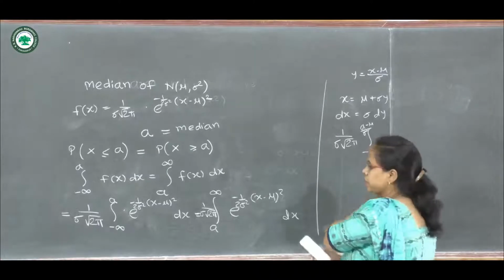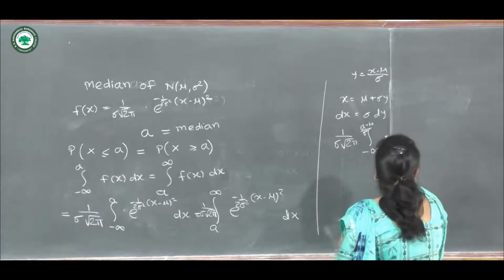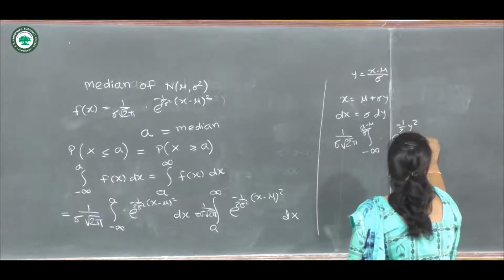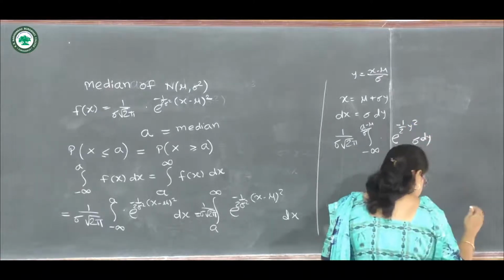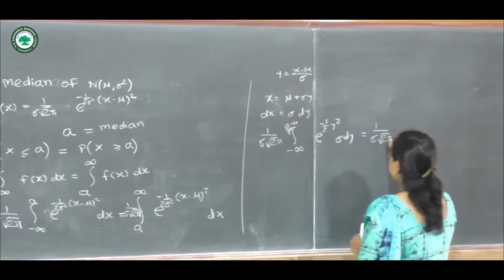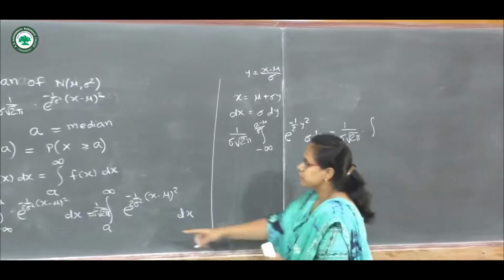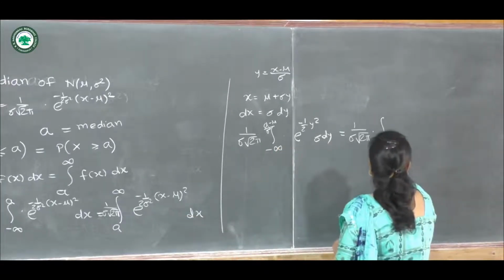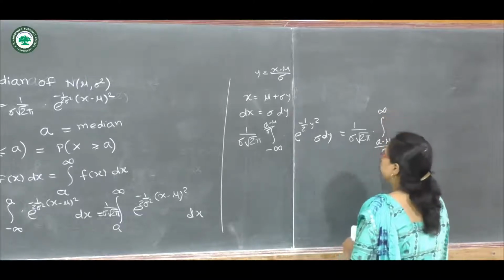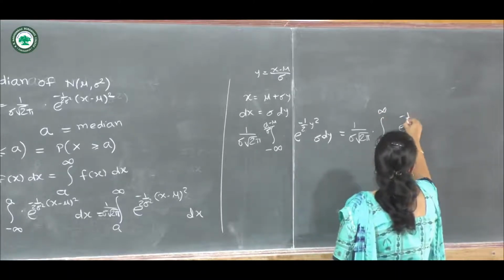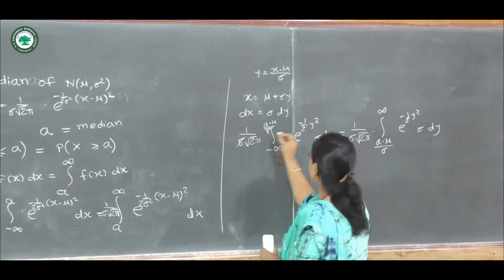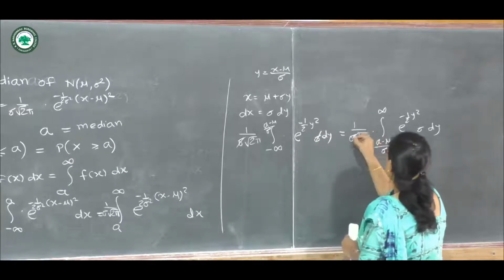So here the range gets changed into e raised to minus 1 upon 2 y square sigma dy. Similarly, I will put here the range of this side, which will get changed to A minus mu upon sigma to infinity, e raised to minus 1 upon 2 y square sigma dy. Here the term sigma gets cancelled.